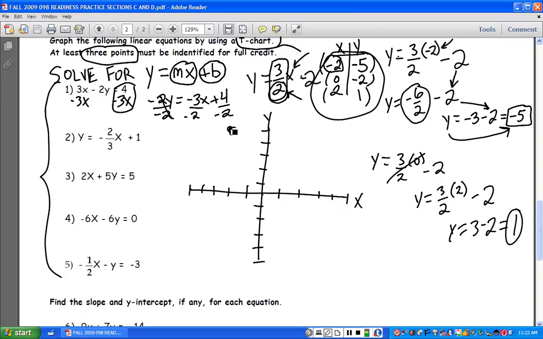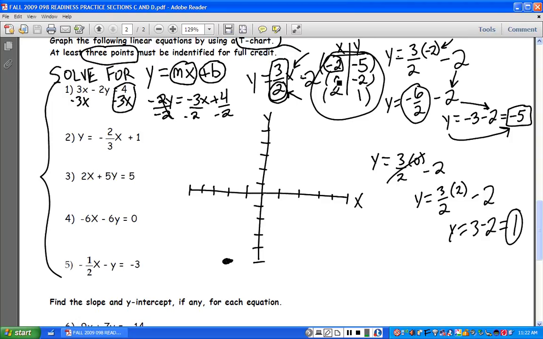Oops, excuse me, it's a -5. Scratch that, it should go down instead of up. So negative 2, down 5. So I went from the origin, I went left 2, then I went down 5. So there's my first point.